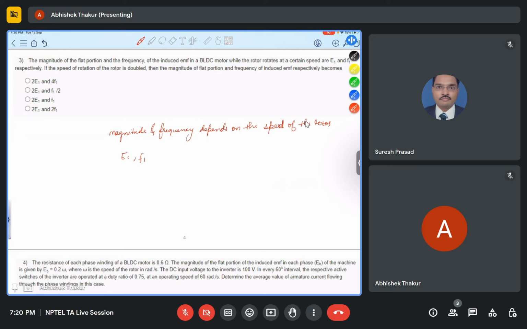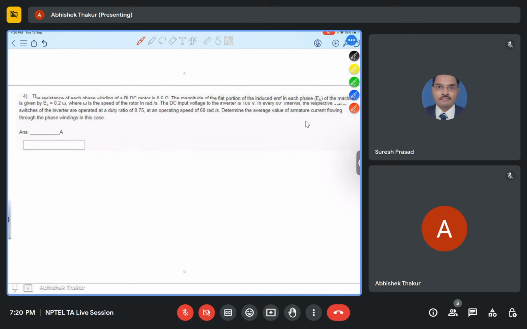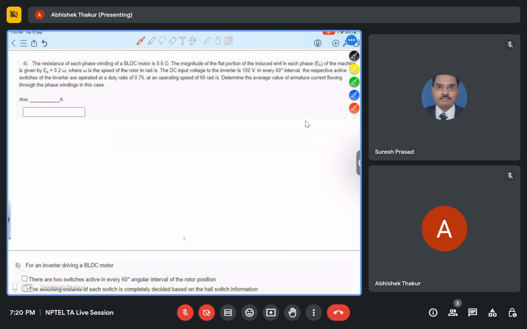Now the speed of rotation is two times. Then E1 and F1 will also become 2E1 and 2F1. So the correct option is option D for this question. Now we will see question number 4.